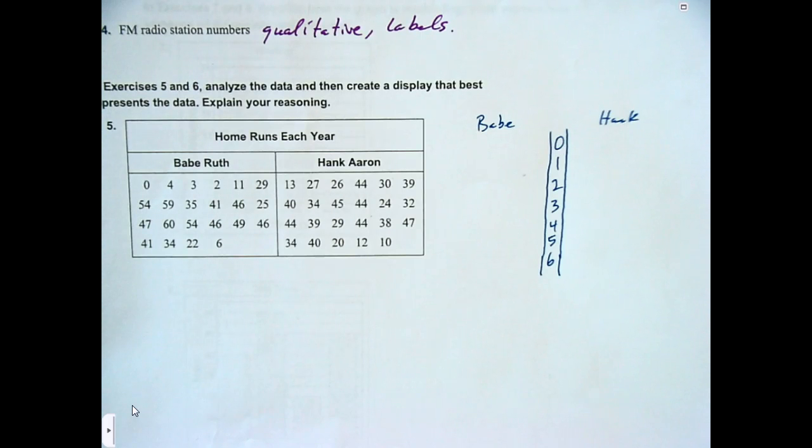If you did your double box and whisker, we've seen that before. What's the benefit of doing the box and whisker? You see where it's skewed. You'll see the 5-number summary. You'll be able to compare a little more.